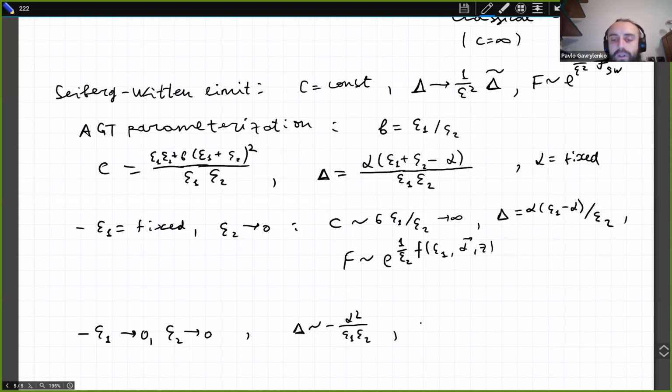So in this case, we recover the Seiberg-Witten limit, e to the 1 over epsilon 1 epsilon 2 times the Seiberg-Witten potential.